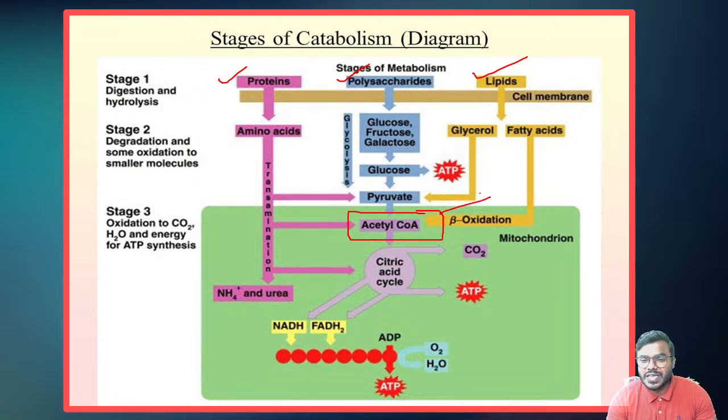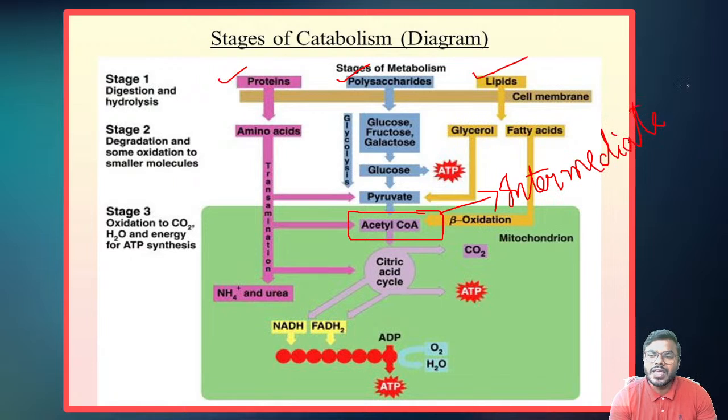So that is the reason I can say that acetyl CoA can act as an intermediate for all the biomolecules in the Krebs cycle. I can call acetyl CoA the major intermediate in the citric acid cycle, the major intermediate molecule that can be utilized by the protein, polysaccharide as well as the lipids.